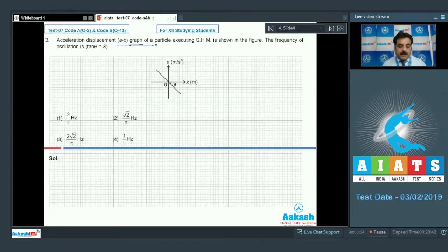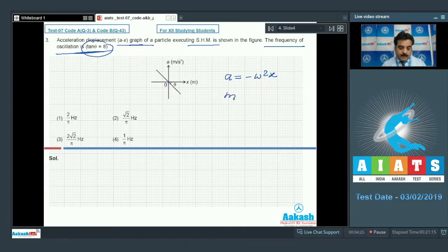The acceleration-displacement graph of a particle in simple harmonic motion is given in the figure. We need the frequency of oscillation, and tan theta is equal to 8 is given. You know that the equation for SHM is acceleration equals minus omega square x. I need the value of omega, because omega will give you the frequency. How can you solve it?